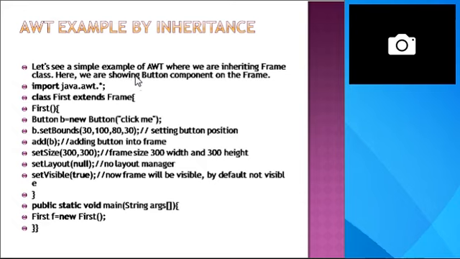Import is a keyword that has a predefined meaning in the Java virtual machine. And we take a class, and the class name is First, and this class extends Frame. First is a class name and Frame is also a class name.